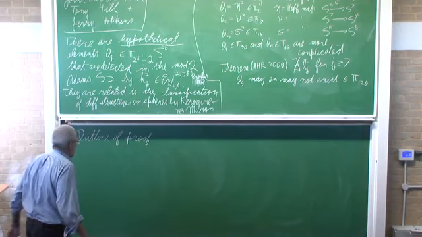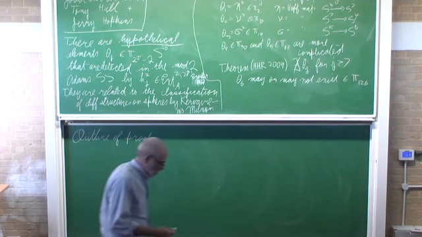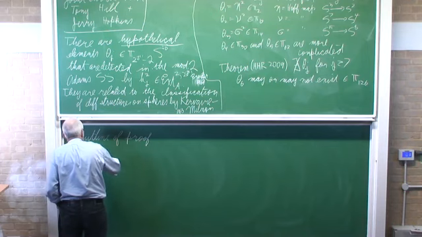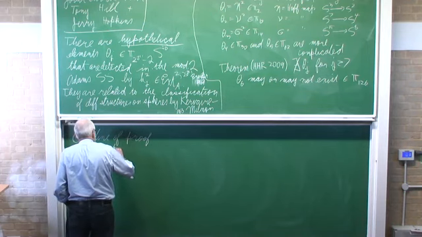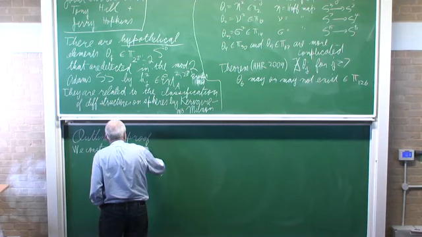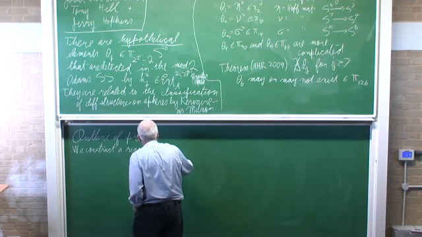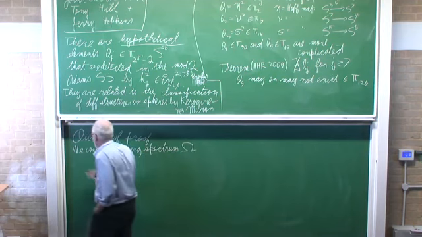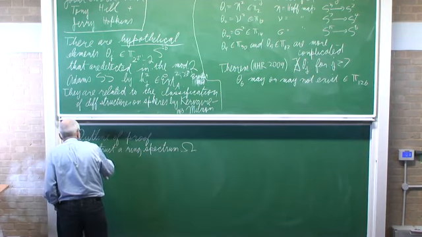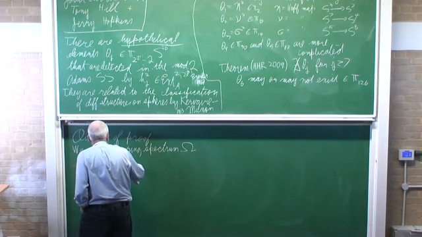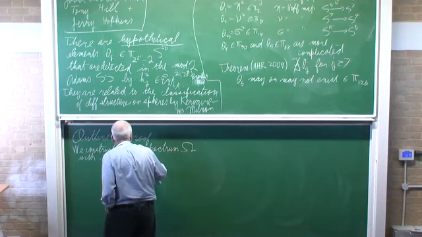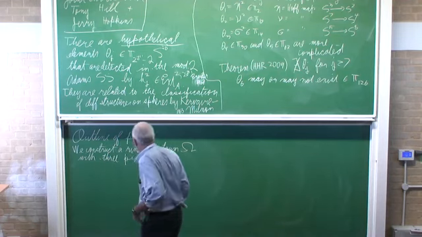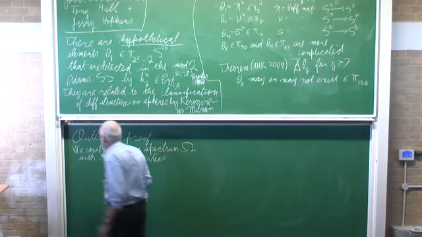So the main idea is we construct a certain spectrum that I'll call omega. That has three interesting properties. And each of them is a theorem.